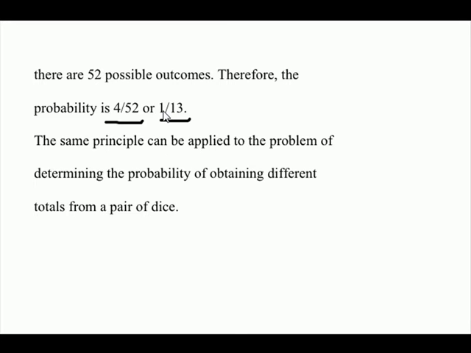Now the same principle can be applied to probability of obtaining different totals from a pair of dice. So for example, you need to find out how many ways can you get a sum total of 2 when you roll a pair of dice.